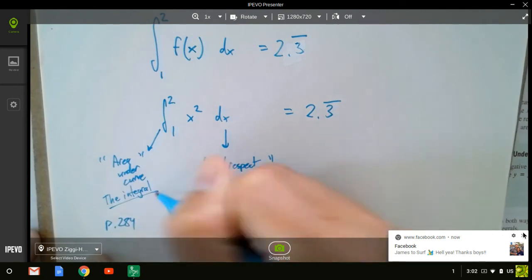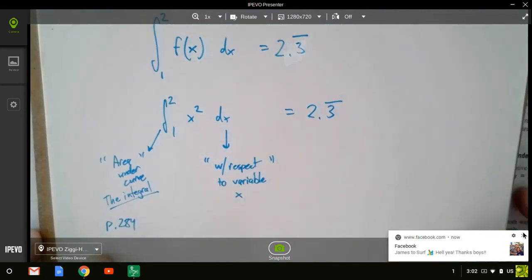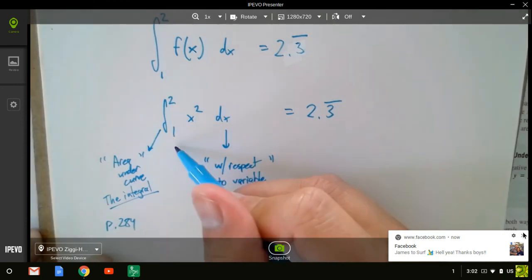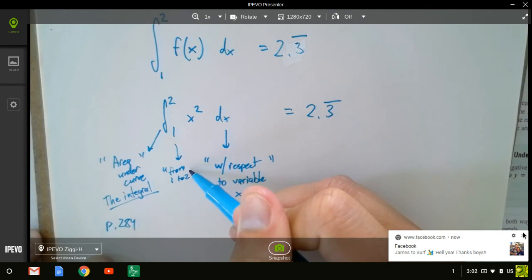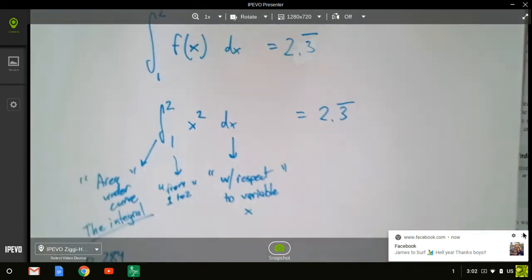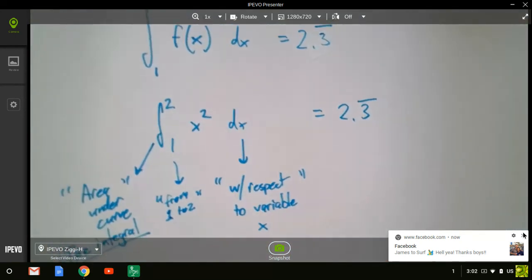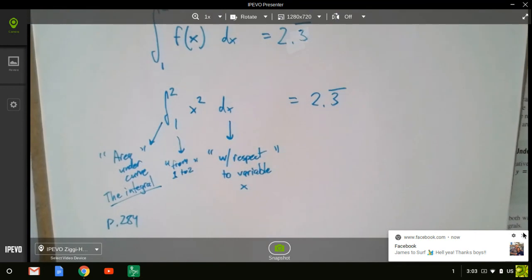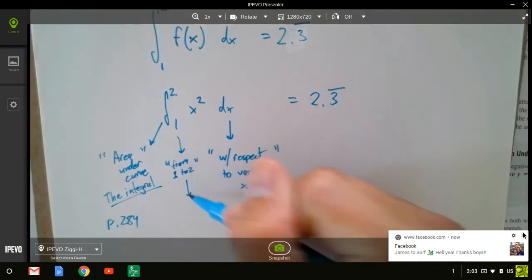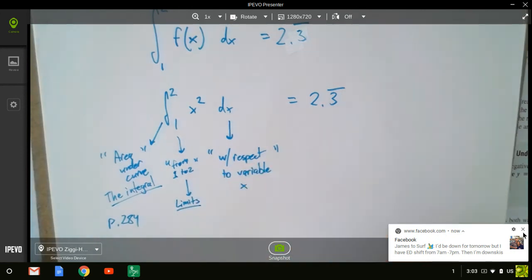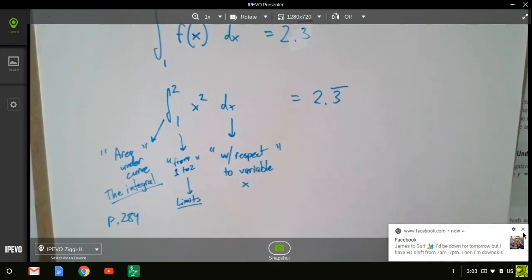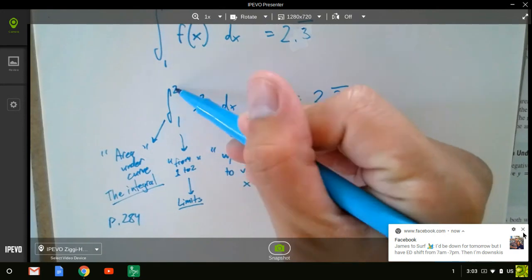You took the integral from, quote unquote, 1 to 2. Another name for these, the more legitimate name, are the limits of your integral, like the upper and lower limits. That's the lower and that's the upper limit.